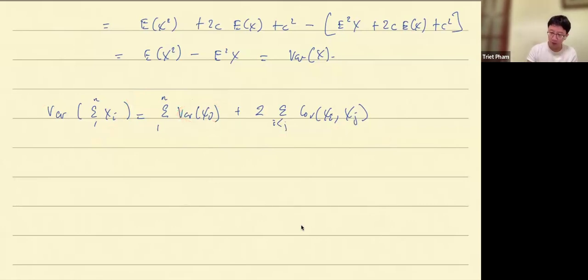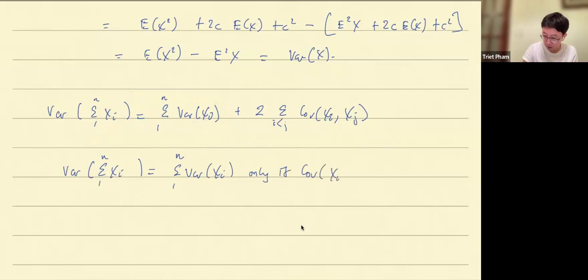And so, anyway, you only have the simple formula, where the variance of a sum is the sum of variances, when the covariance vanishes.